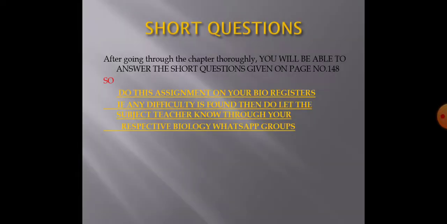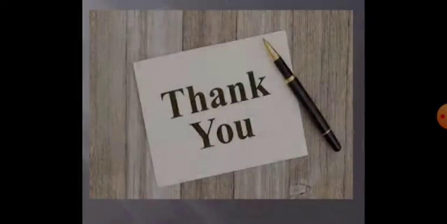For short questions, you will have to do them yourself after going through the chapter thoroughly, and you will be able to do that inshallah. But anyway, if you find any difficulty, do let us know through our WhatsApp groups.